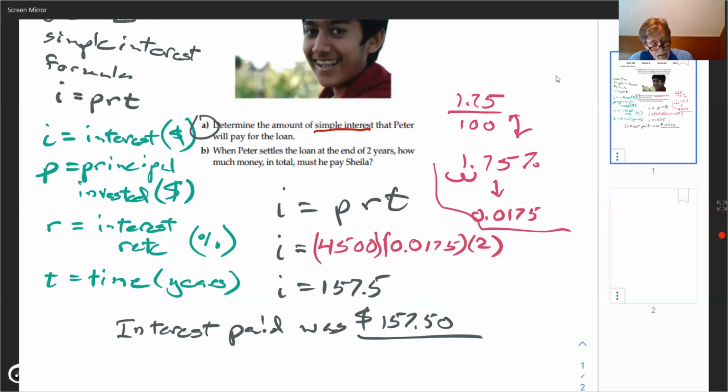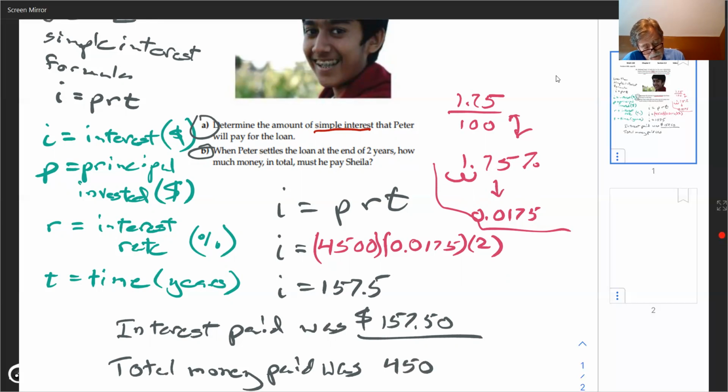You go to part B and it asks, after he settles it, how much money did he pay in total to Sheila? Well, he's paying the loan back, plus he's paying the interest. So you can write something like total money paid was, well, he definitely paid back the $4,500, but he also paid $157.50 in interest.